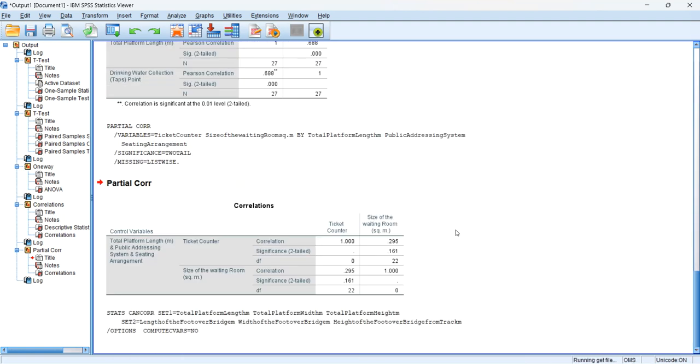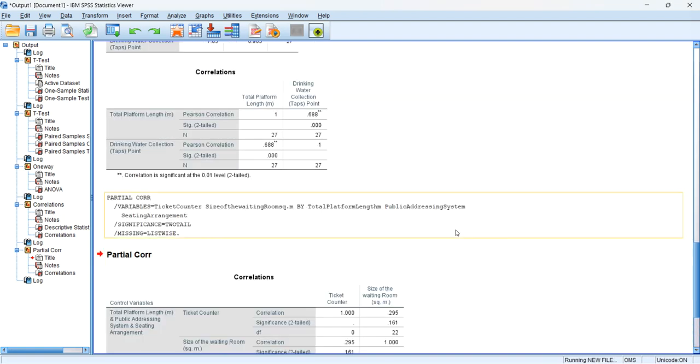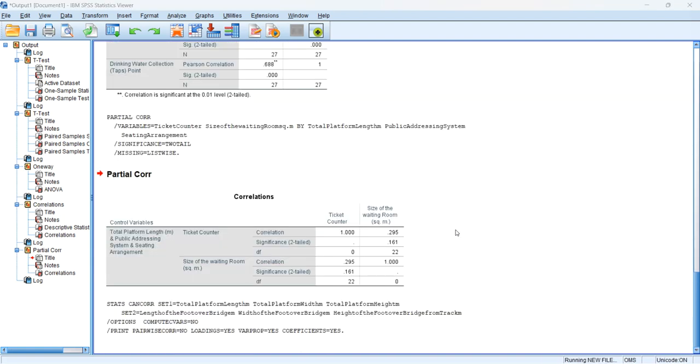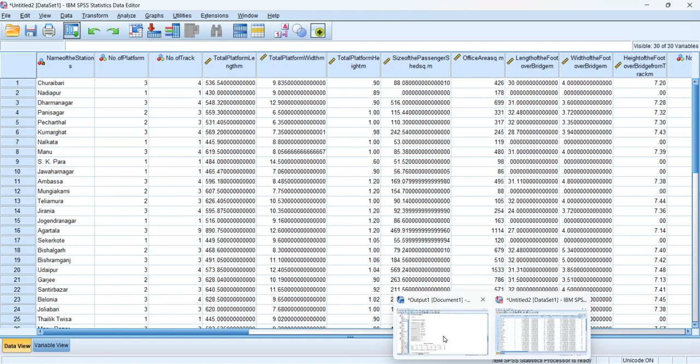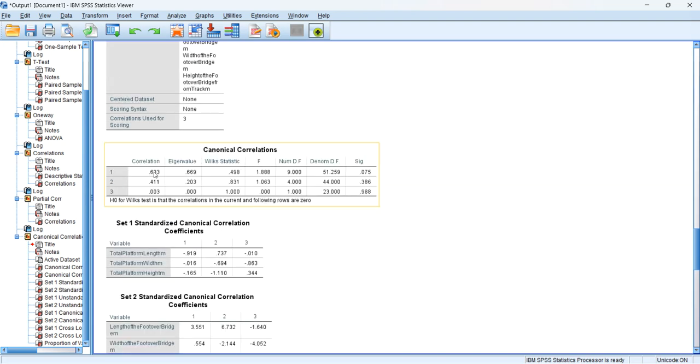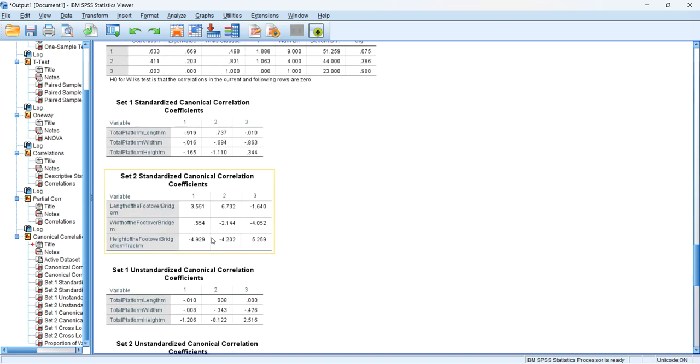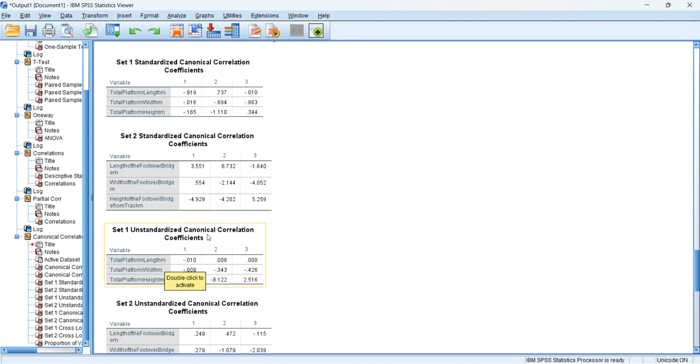In my data set, yes, canonical correlation. Just a minute. Yeah. So you can see group 1, group 2, group 3. Is there any significant relationship or not? Set 1, canonical correlation, set 2, set 3.